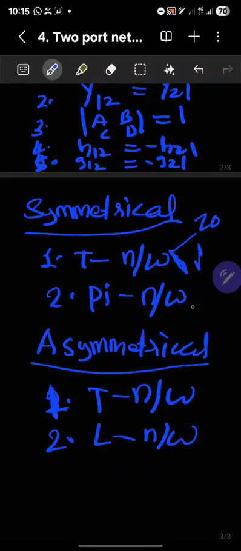We'll derive, or at least write, the expression for characteristic impedance and propagation constant. Similarly for the pi network as well. Similarly for asymmetrical networks, we know the parameters are iterative impedance and image impedance. All these things we'll discuss in upcoming lectures.